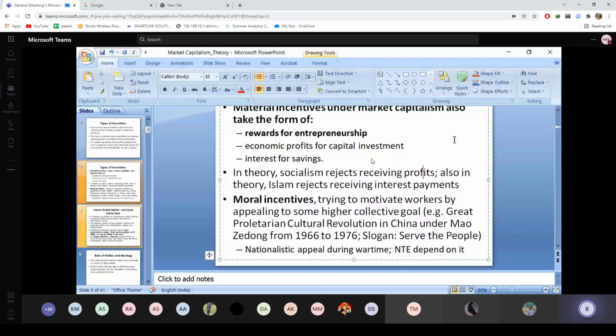This is what they call the new traditional economic system that depends on those moral incentives. Work for the country, work for the nation, and so on and so forth. So these are some of these moral incentives that also motivate people to work for a cause as opposed to the material incentives.